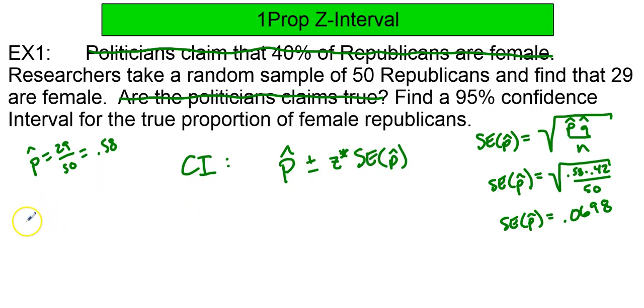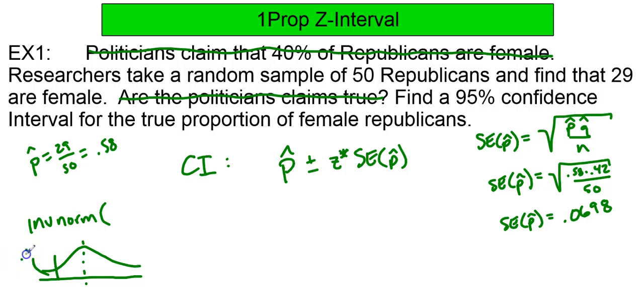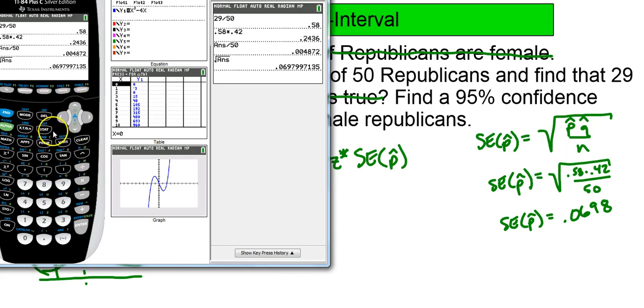Z star is determined by inverse norm of however much area we want. And if you need to do a sketch, do a sketch. We have a 95% confidence interval, so that alpha value is going to be split between the two things here. So we want inverse norm of 0.025. Come up here.